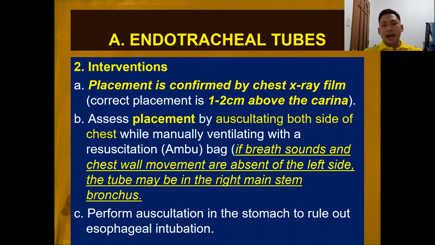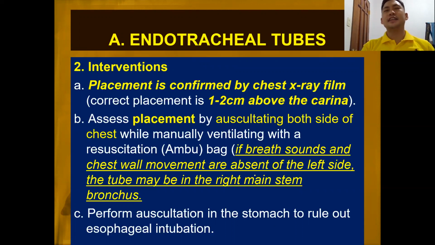If breath sounds and chest wall movement are absent on the left side, the tube may be in the right mainstem bronchus. Perform auscultation in the stomach to rule out esophageal intubation. So, kailangan sa stomach kasi kung esophageal intubation, doon pumasok sa esophagus because there is a very thin line between the larynx and the esophagus. Ayan lang, sa likod lang. No?